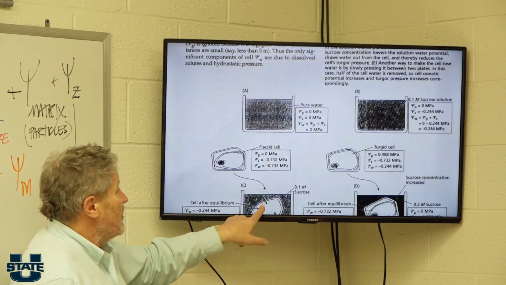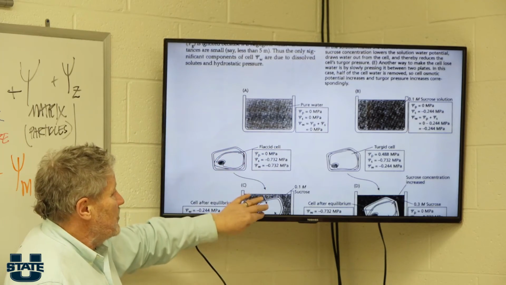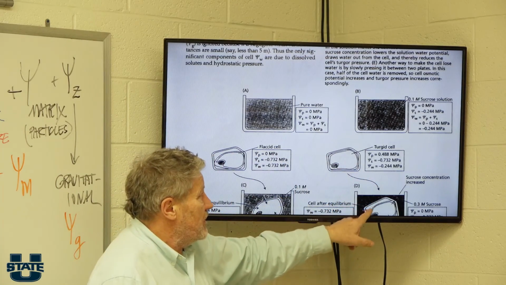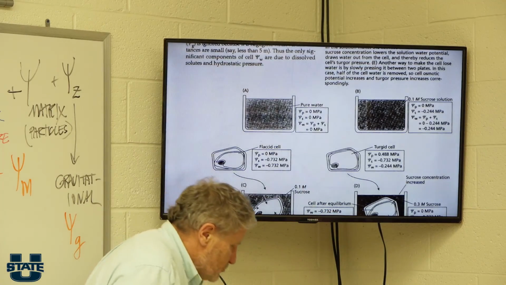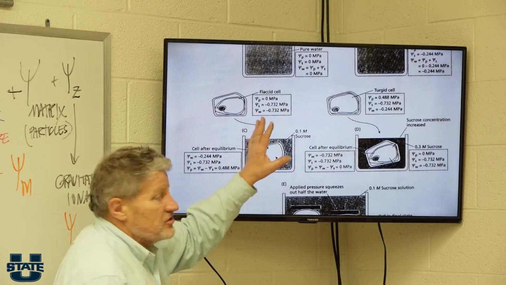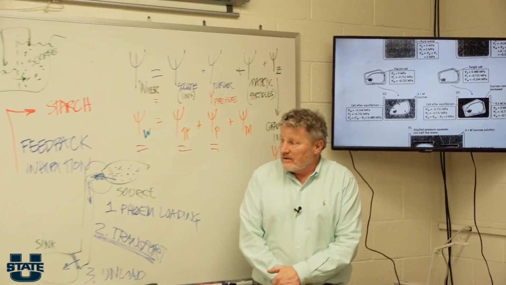A flaccid cell is when the turgor pressure goes to 0. What happens? And then turgid cell expansion. So take a look at this diagram in the handouts and make sure you understand it.